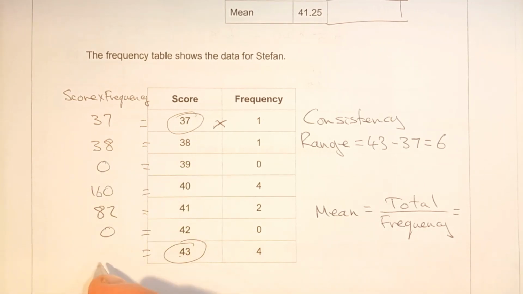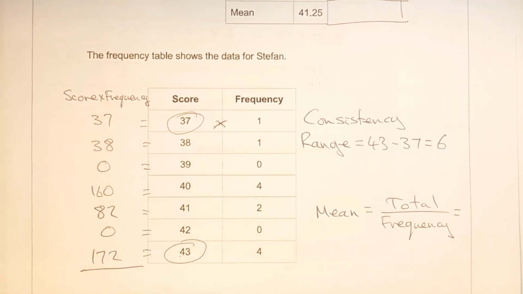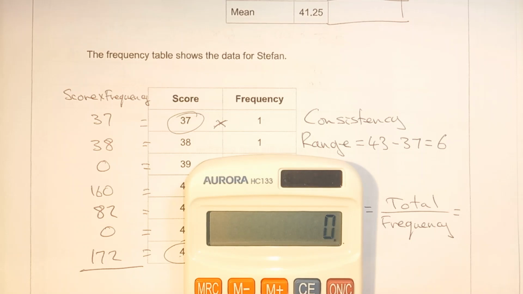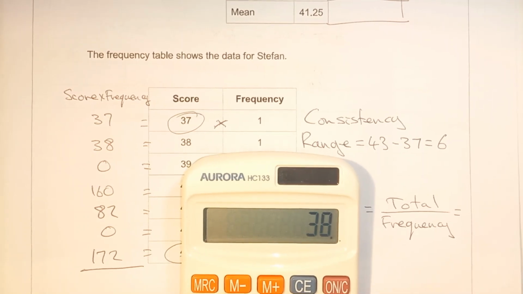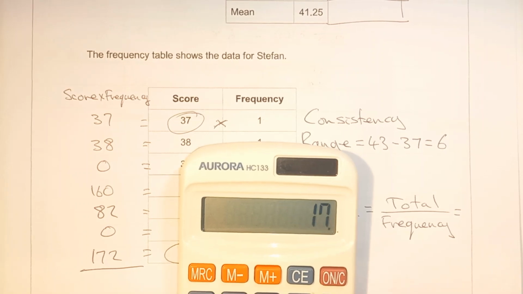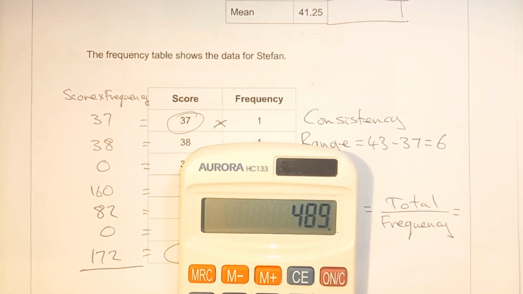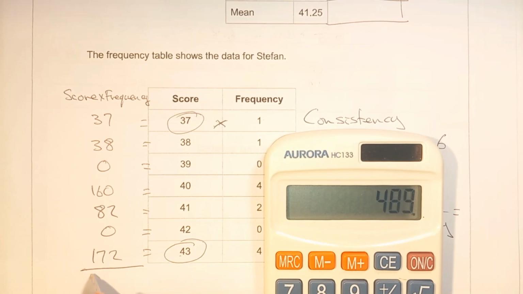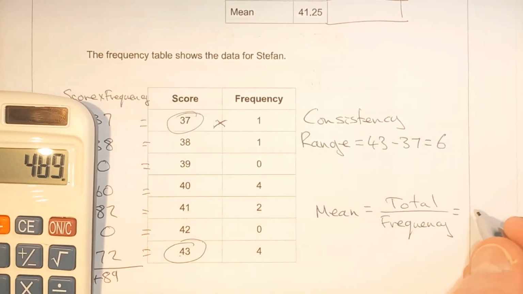So we get 172. So if we add these all up, this is going to be the total scores for Stefan. So 37 plus 38 plus 160 plus 82 plus 172, which gives a total score of 489. So remember, for the mean, we said we wanted that total.